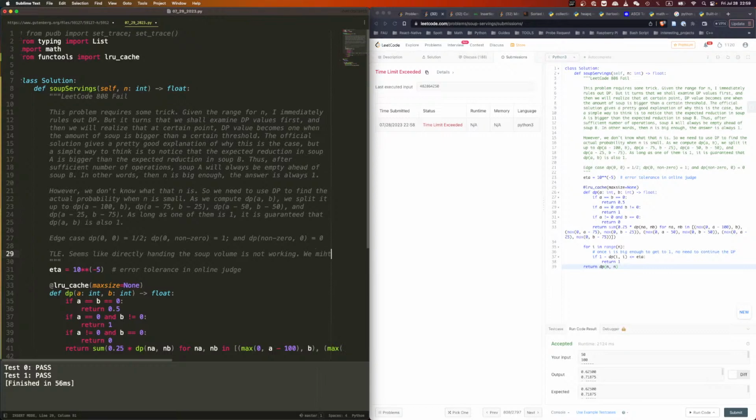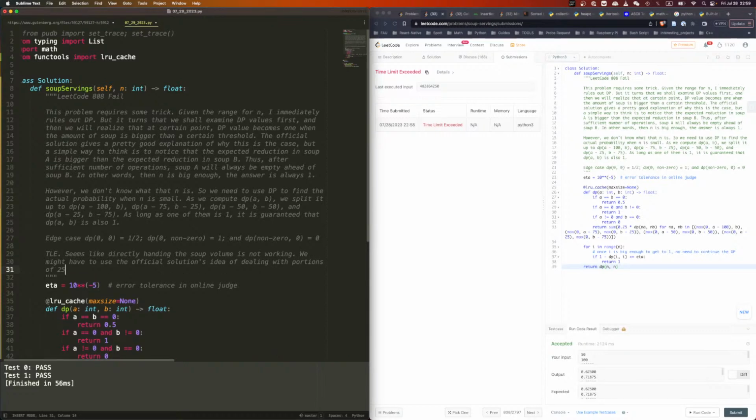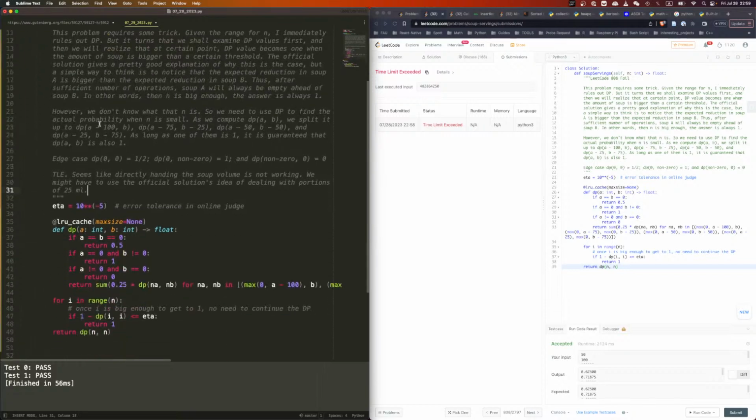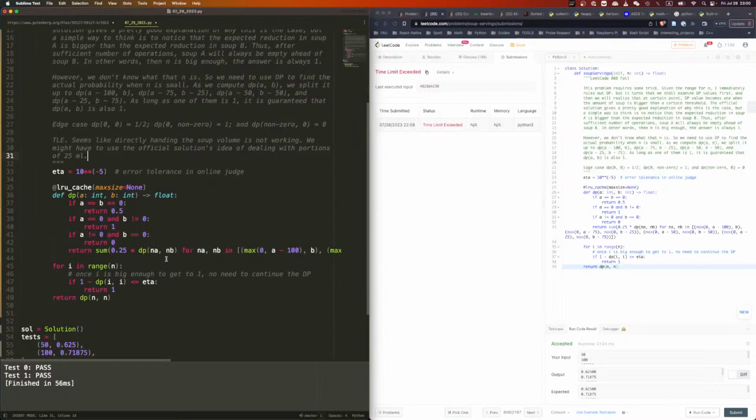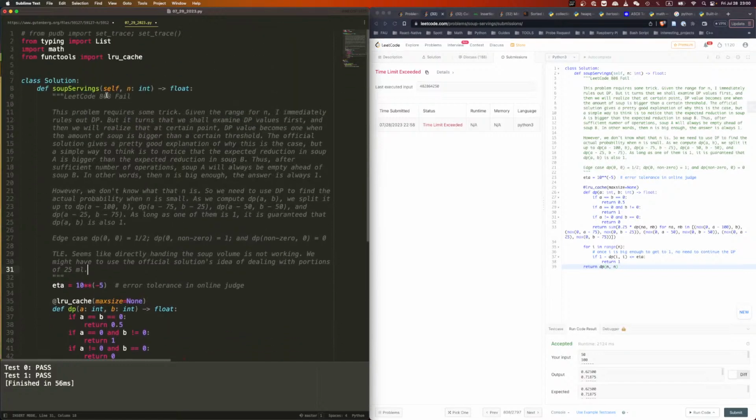We might have to use the official solution's idea of dealing with portions of 25 milliliter. Maybe there are more states this way? I don't know. Really don't know. There is more states if you think about it. Hold on, let me just try.